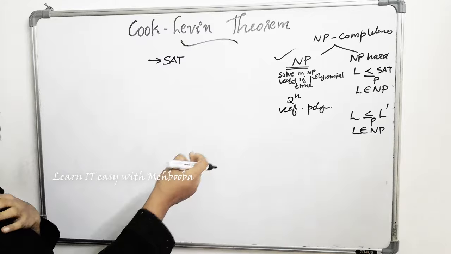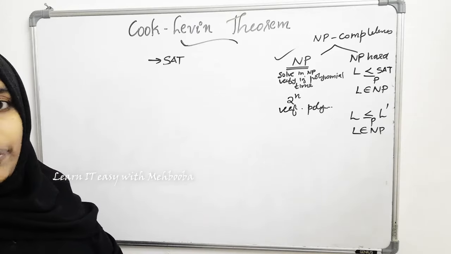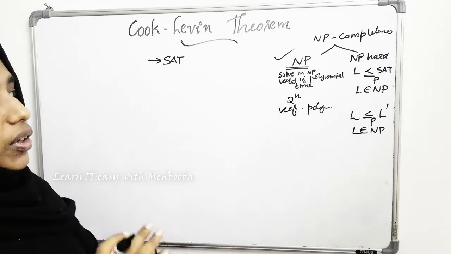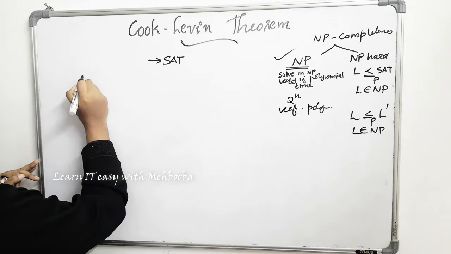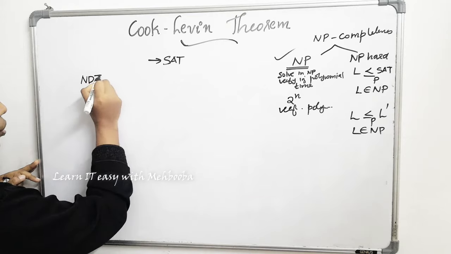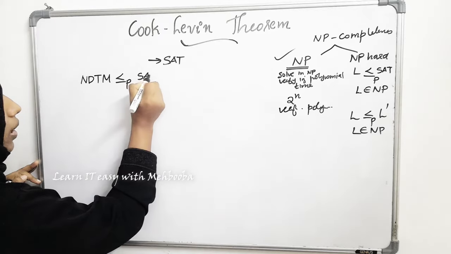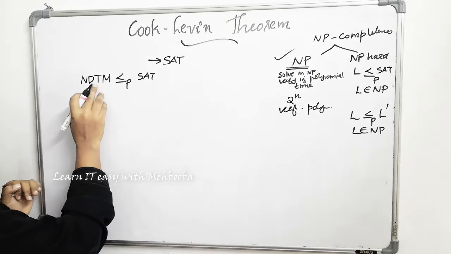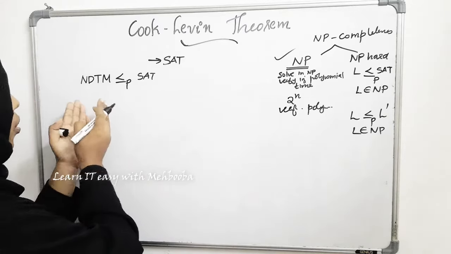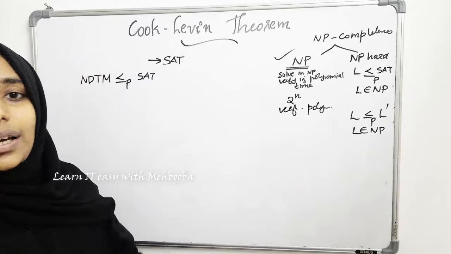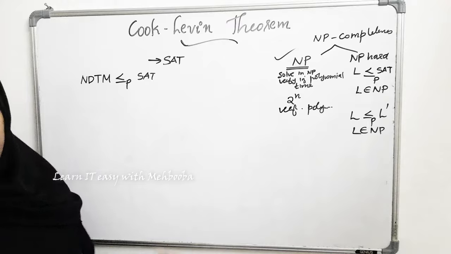So reducing all the problems into SAT reduces to converting a non-deterministic Turing machine into SAT in polynomial time, because this non-deterministic Turing machine can represent any problem that is an element of class NP. We can generalize all the problems in class NP by a non-deterministic Turing machine.